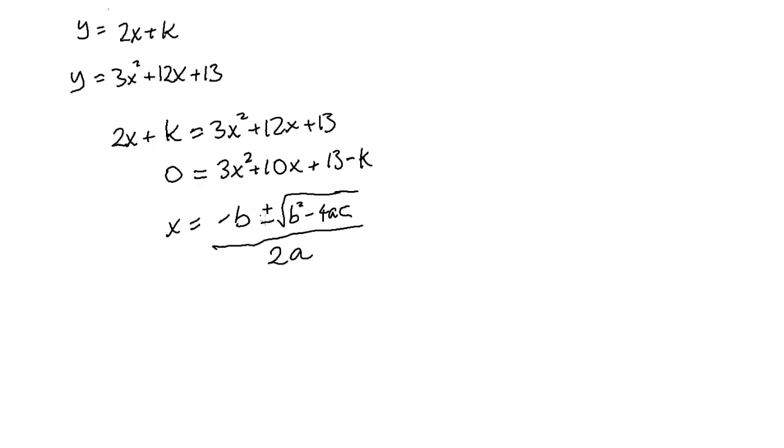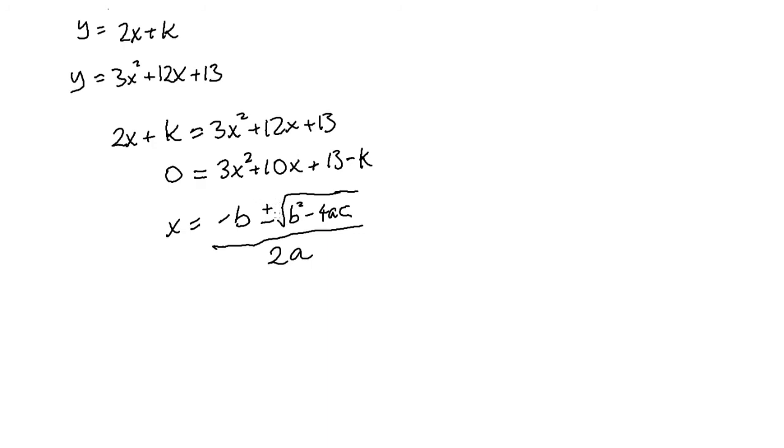And if you have done enough quadratics, you will know that in order for a solution to happen, this discriminant part has to be 0 or positive. If it's negative, then they wouldn't touch each other, and there will be no solution.